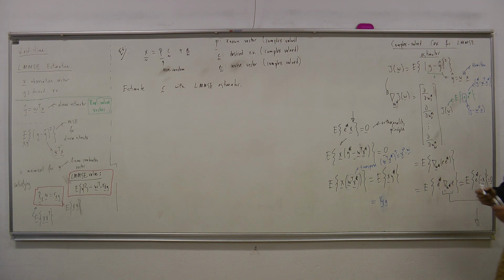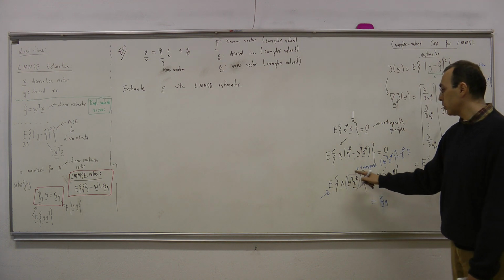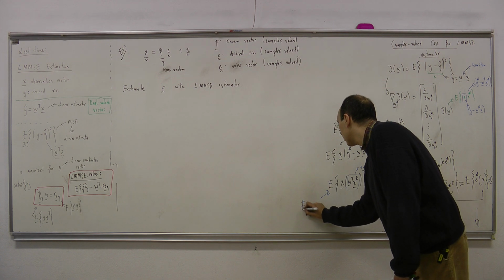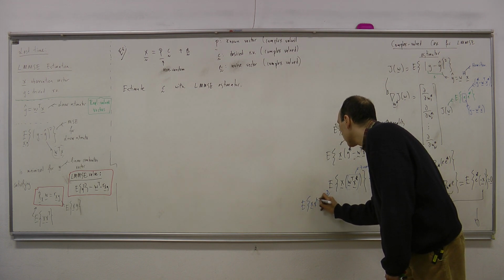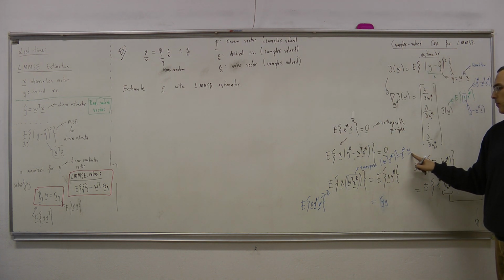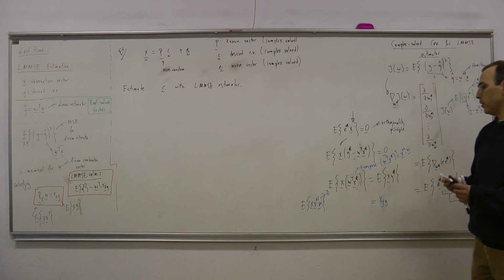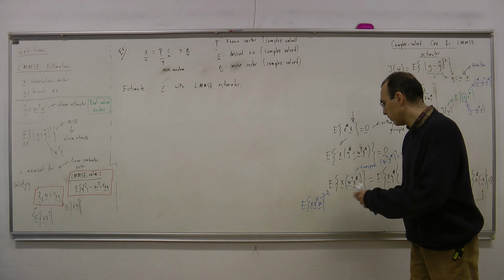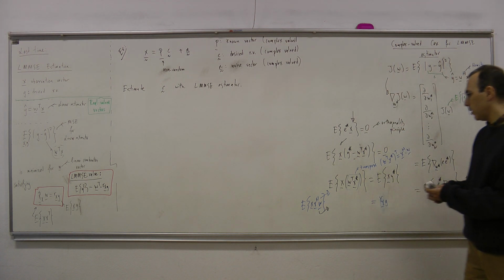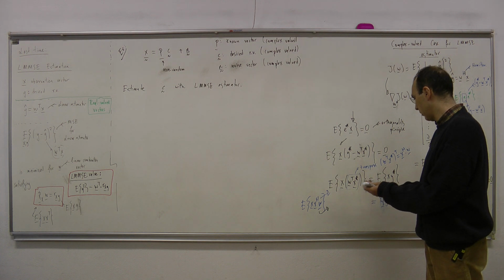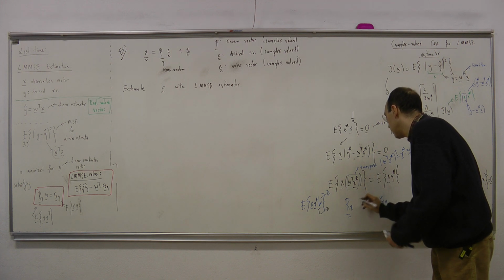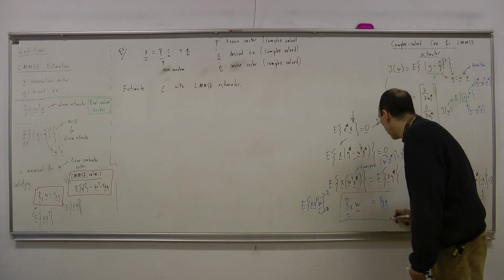Then, because this is a scalar, its transpose is equal to itself. Then this is equal to the expected value of x times x Hermitian times w. This blue box is equal to that. Now, w is not a random quantity, so I can take it out of the expectation. Then I will get the following: Rx times this w vector is equal to rxy.